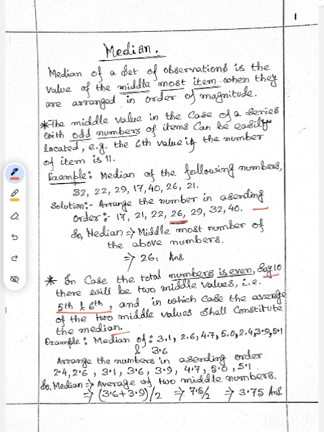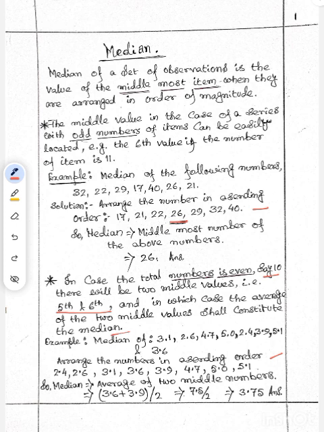Okay. Another example, median of 3.1, 2.6, 4.7, 5.0, 2.4, 3.9, 5.1 and 3.6. First we have to arrange the numbers in ascending order. So that is 2.4, 2.6, 3.1, 3.6, 3.9, 4.7, 5.0 and 5.1.